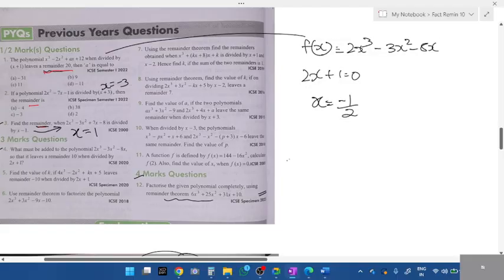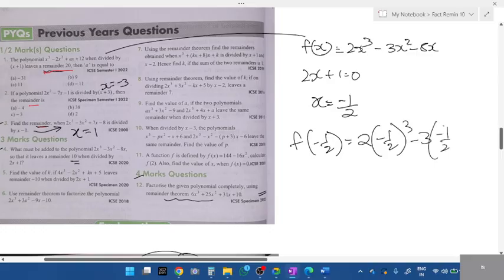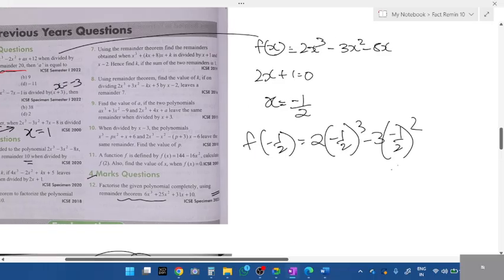Let us substitute and find the remainder. Don't take the remainder. What must be added is the question, so that it leaves remainder 10. Look here. Let me solve. f of minus 1 by 2 is equals to 2 into minus 1 by 2 the whole cube, minus 3 into minus 1 by 2 the whole square, minus 8 into minus 1 by 2.